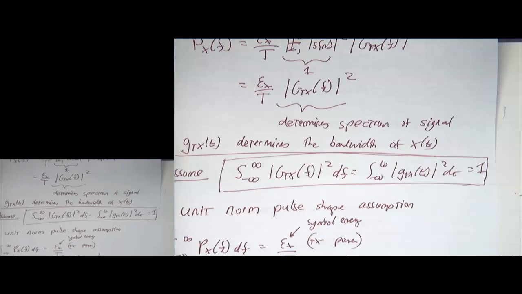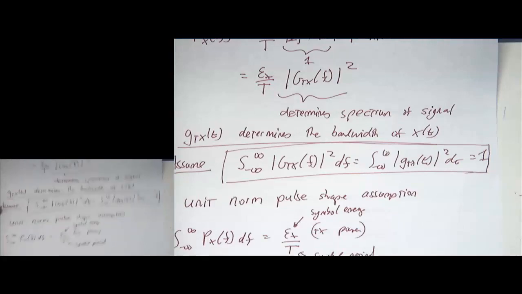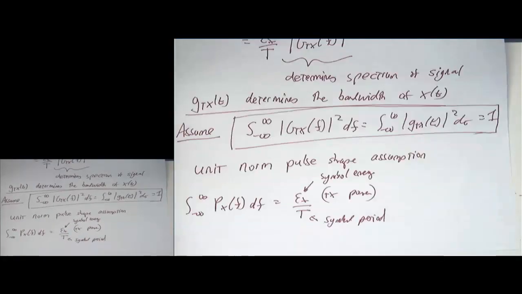Any questions about this here? Essentially, bandwidth is determined by the pulse shape. We normalize the pulse shape so that we don't add any extra energy. And based on what we know about bandwidth, that doesn't change the bandwidth, because the bandwidth notions were all relative. If we had the 3 dB bandwidth and we scale the pulse by 100, it doesn't matter, because the 3 dB bandwidth is still the same.